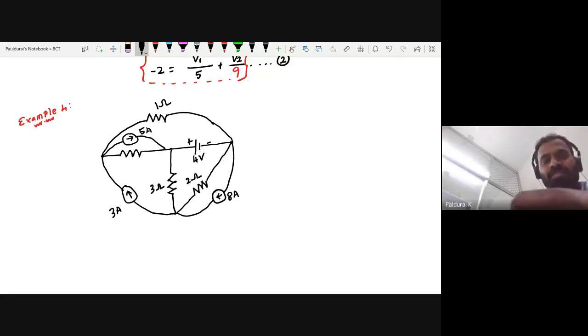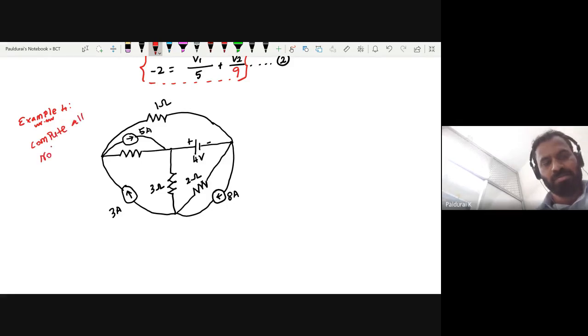Compute all nodal voltages. Vignesh, what's the very first step in nodal analysis?